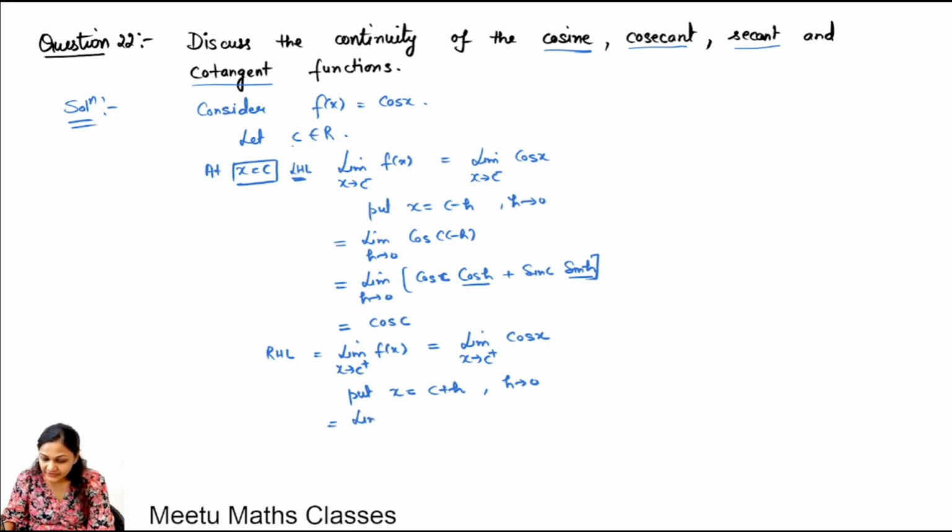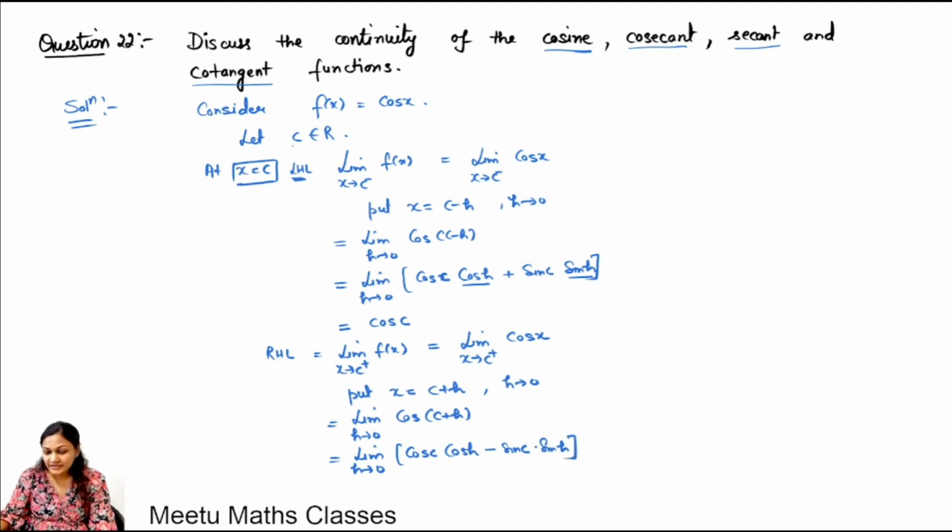So the limit becomes limit h tends to 0, cos of (c plus h), and cos (a plus b) is cos a cos b minus sin a sin b. By direct substitution h equals 0, this becomes 0 and this becomes 1, and it will give you cos c.